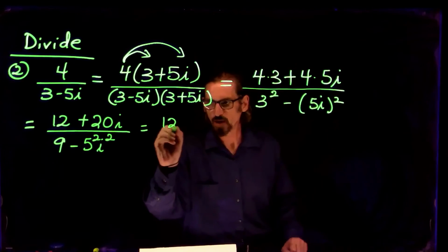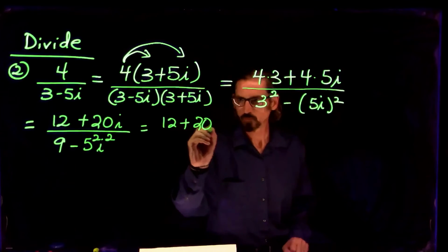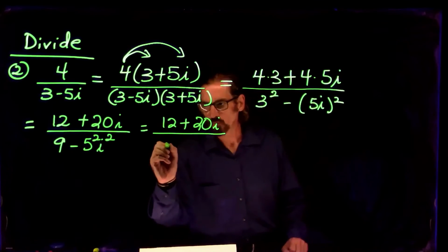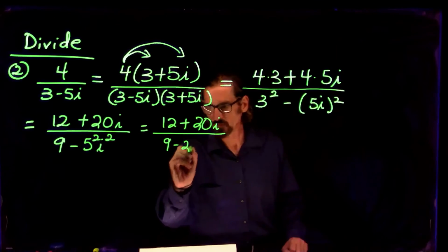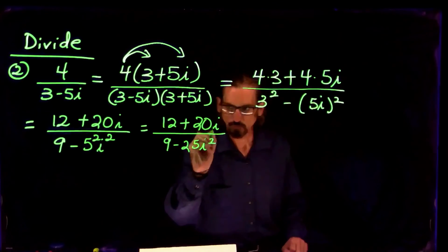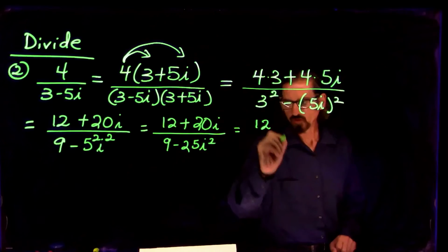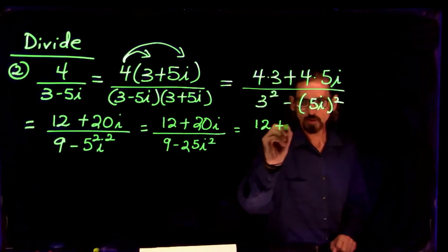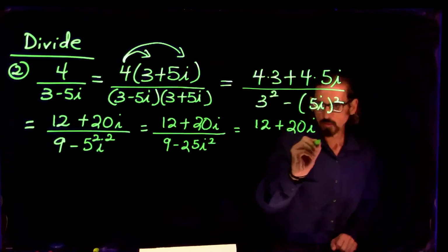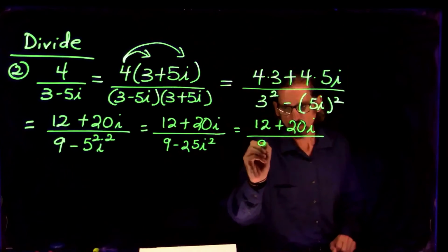So 12 plus 20i in the numerator still, over 9 minus 25i squared. Replacing the multiplication by i squared with multiplication by -1.